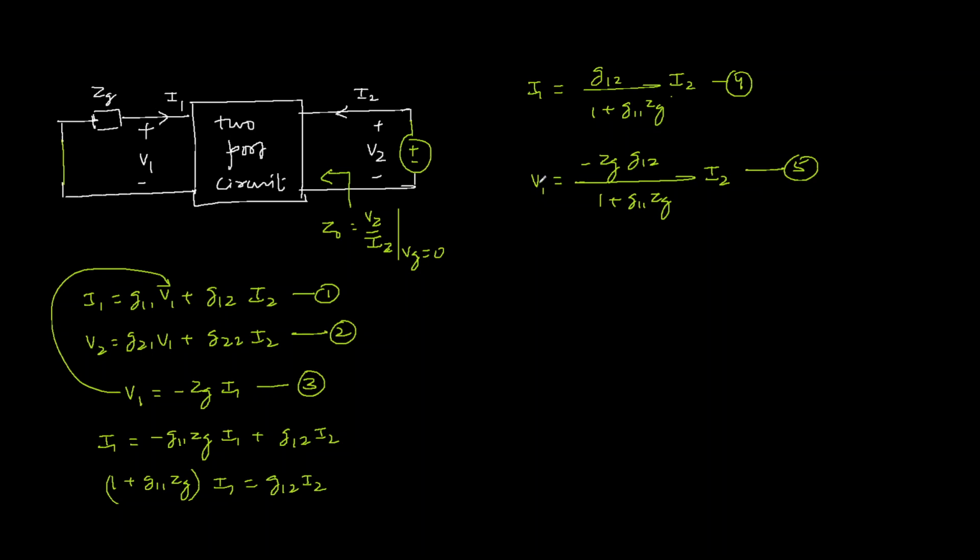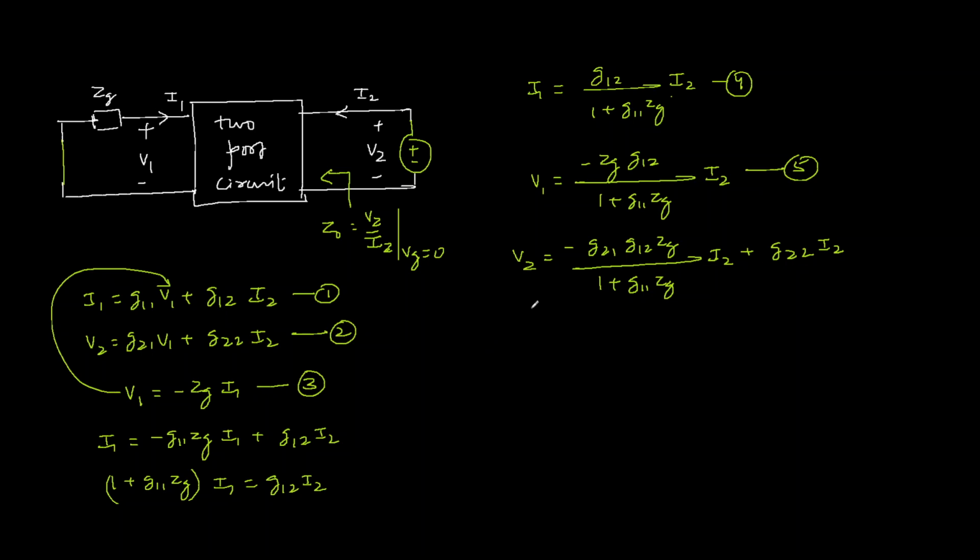Now replacing V1 from 5 into equation 2. So V2 is negative G21 G12 ZG over 1 plus G11 ZG I2 plus G22 I2.